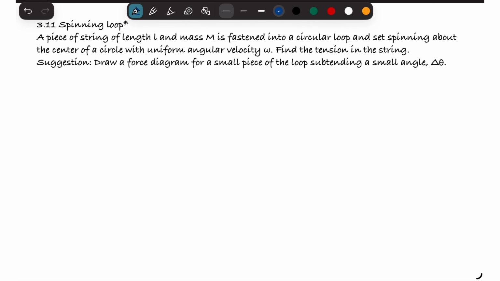Okay, so let's first look at how our system looks. This is, say, my string around the loop. This is the center, and this angle is delta theta, and let's just say this length element is dm, and now you have two forces here.